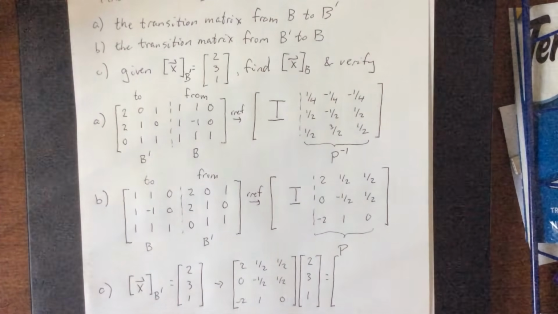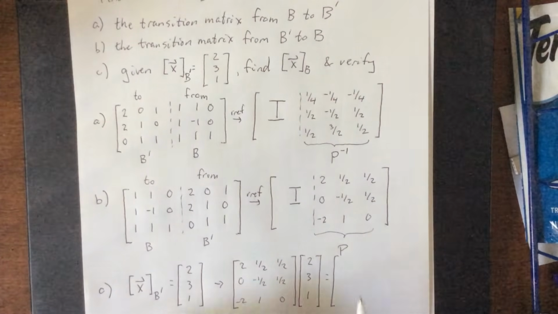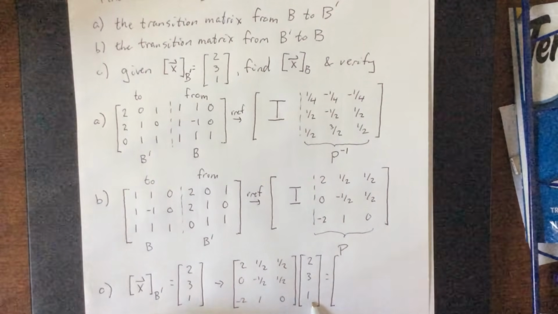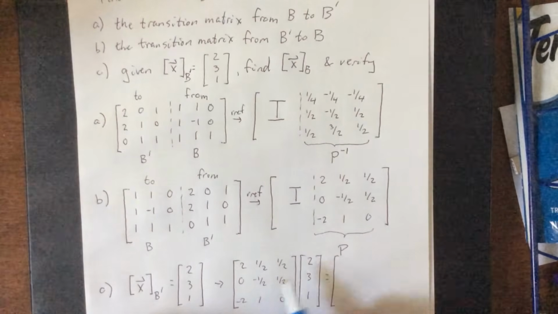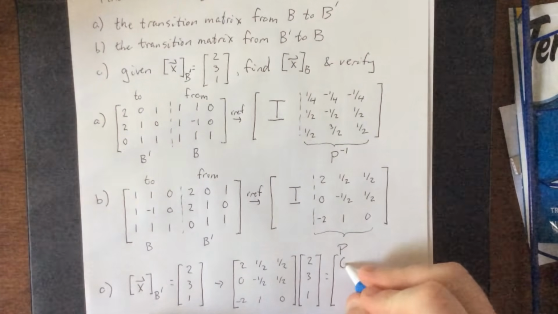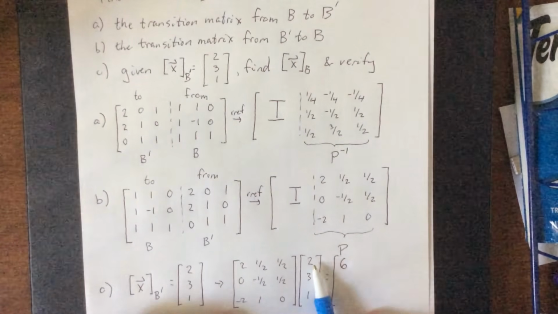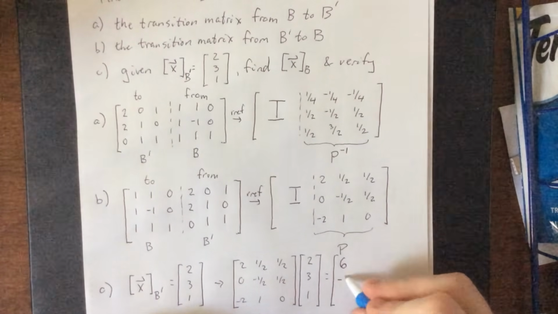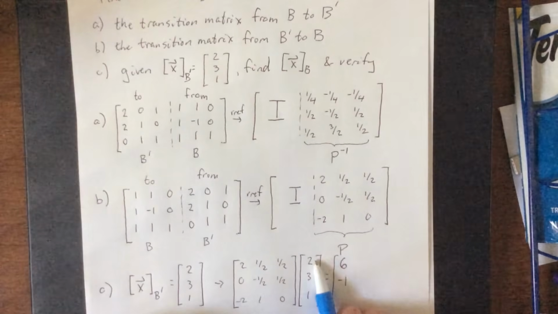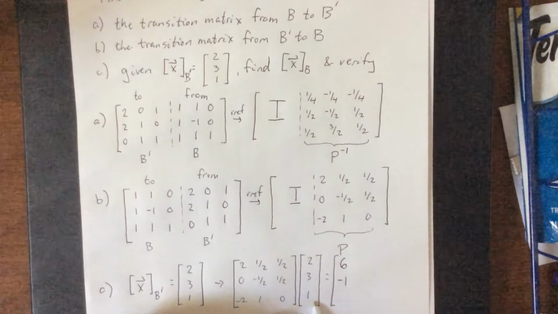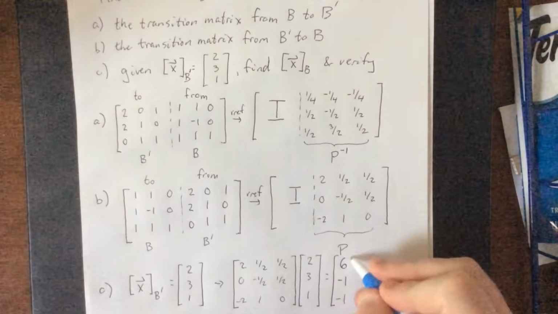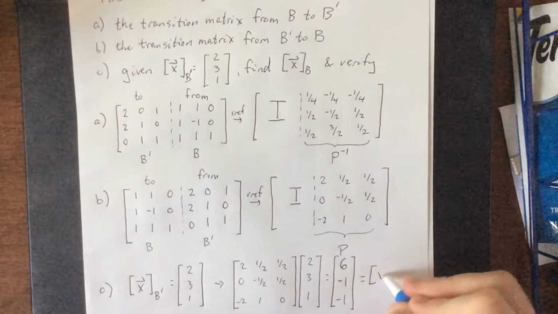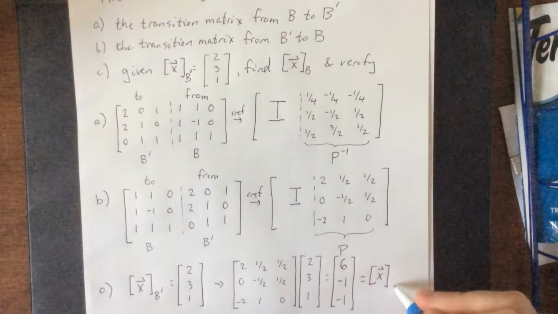I think I can probably handle this by hand, but we'll see what happens. 2 times 2 is 4, 3 halves plus 1 half is 2, plus an additional 4 will be 6. 2 times 0, negative 3 halves plus 1 half, that'll be negative 1. Negative 4, plus 3, plus 0, that'll be negative 1. This should be the coordinate matrix of x relative to basis B.